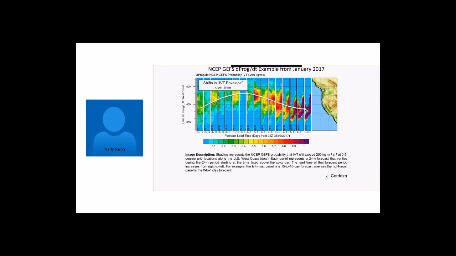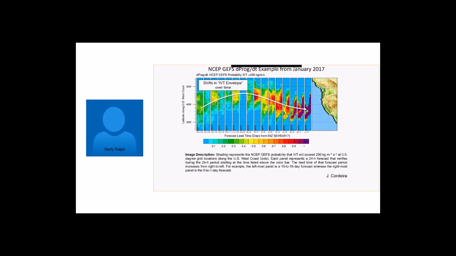And what we see is if we look farther out in lead time for the same event when it made landfall, what we see is, say, at 5 or 6 days lead time, or let's call it 6 to 7, that you see yellow up there at about 44 north, and pretty low probability, 50%, and it's going to hit Oregon.